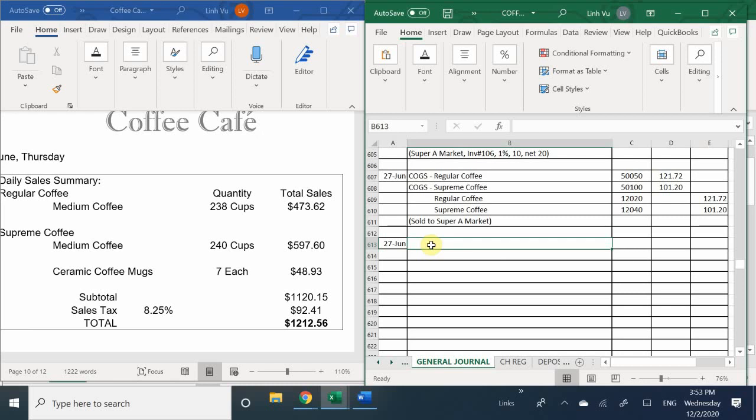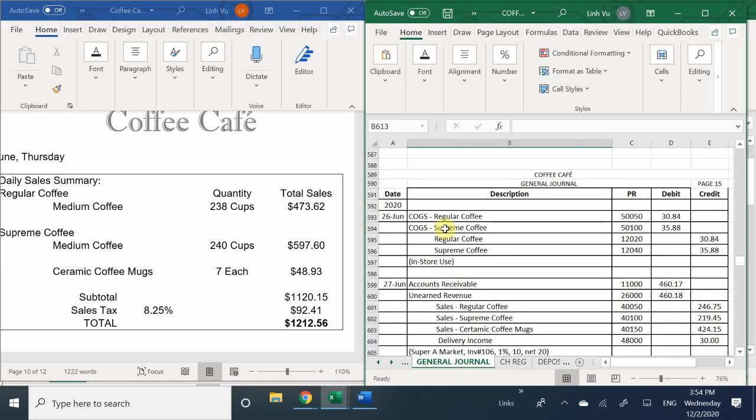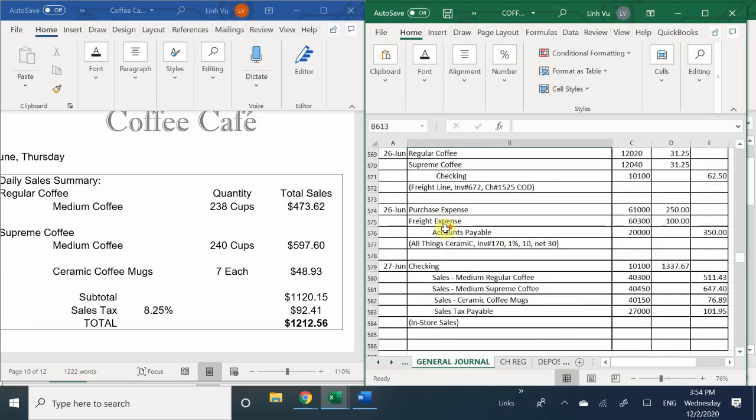Total sales $1,212.56. So we're going to go to the general journal, and can we do the copy and paste for the checking, sales medium regular coffee, sales medium supreme coffee, sales ceramic coffee mugs, and the sales tax payable with the note of the in-store sales?